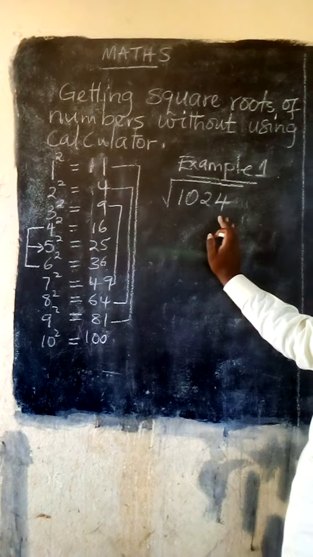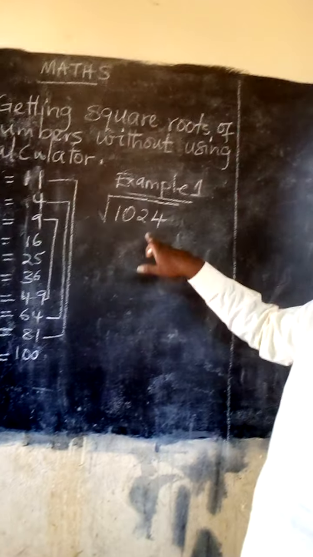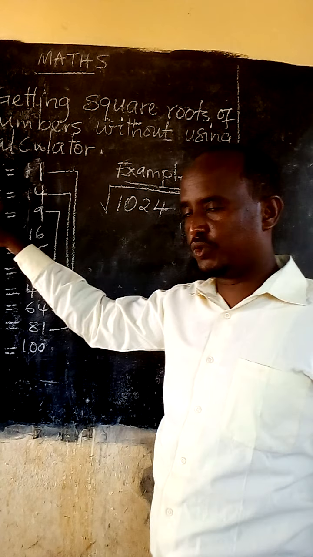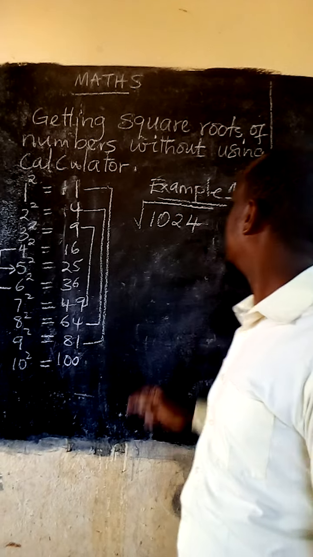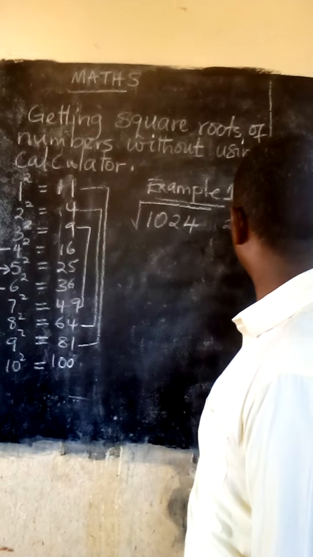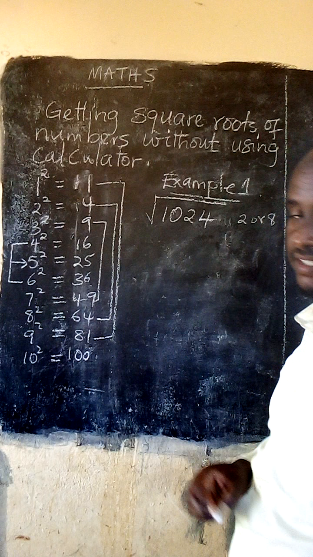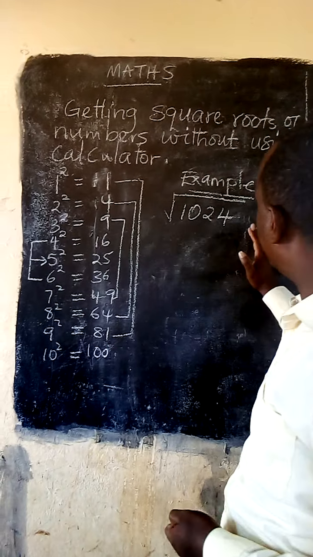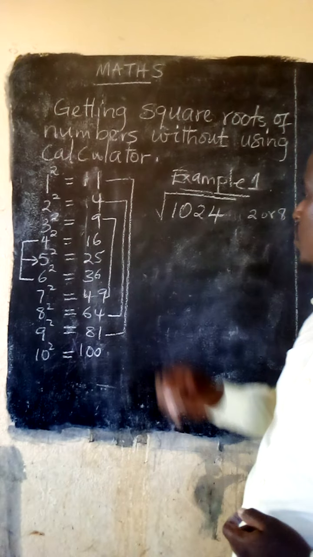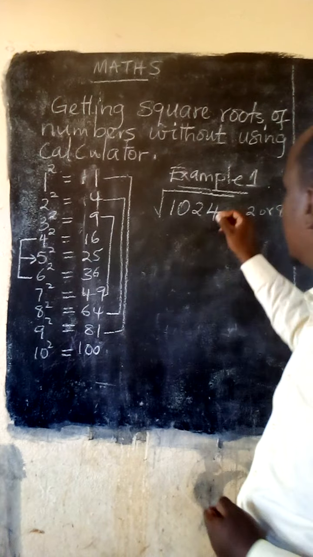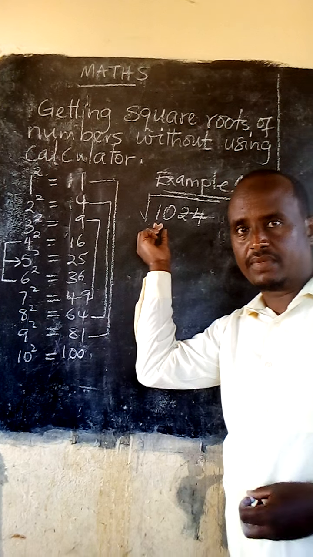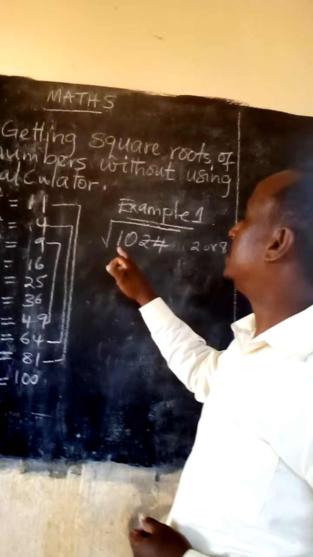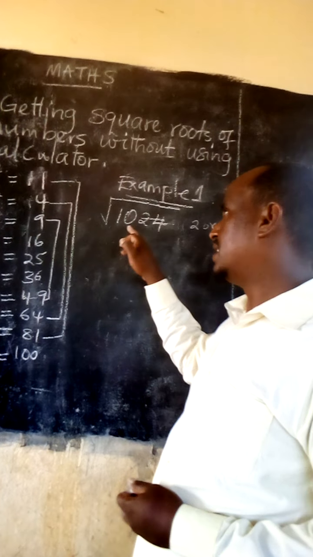So from here we can see that the last digit of this number will either be 2 or 8. So how can we get the first digit? We cancel these two. We have 10 here. So we look for the 2 digits that will be closest to 10.